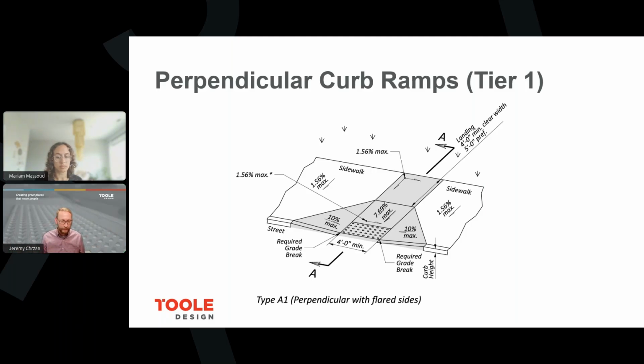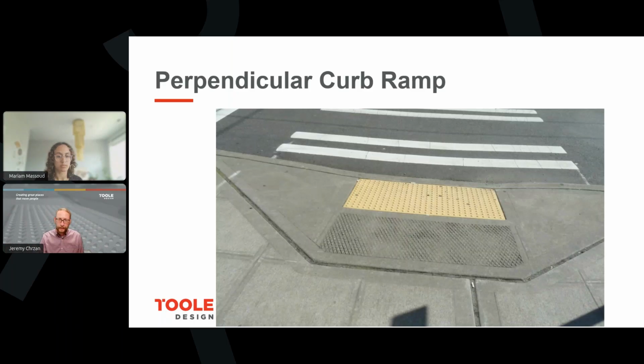And so if we had a design as shown here, but our crosswalk in the street is sort of a skewed orientation that would exceed a 20-degree angle compared to the angle of the curb ramp, that's where we would consider doing a directional style curb ramp. But again, perpendicular ramps are the sort of common classic design for a curb ramp.